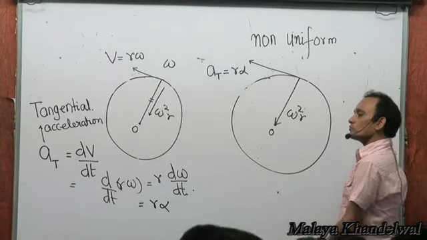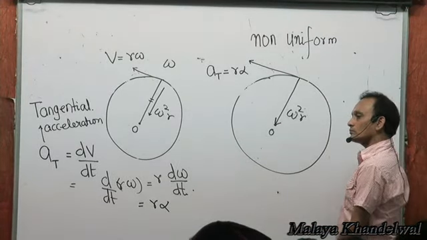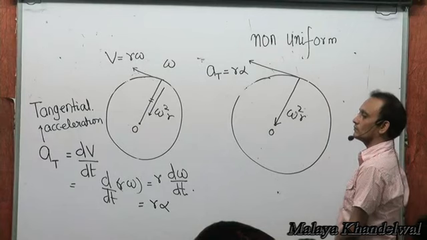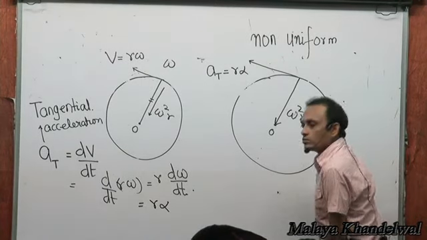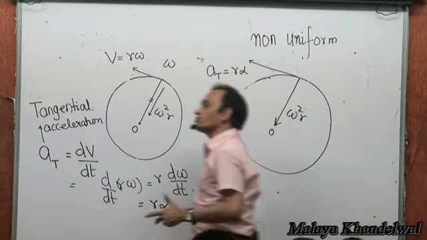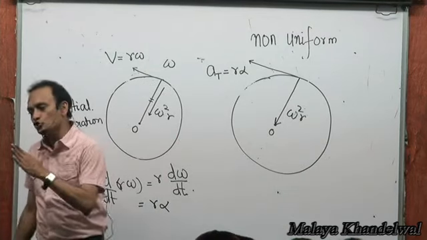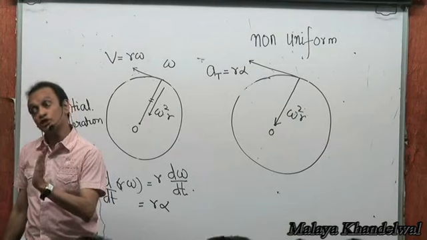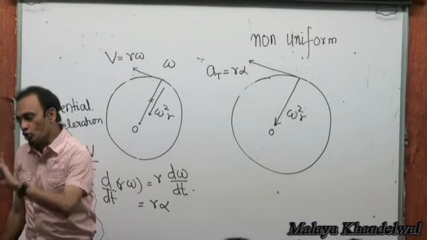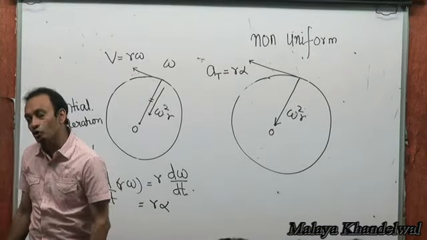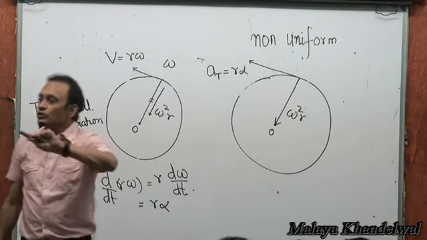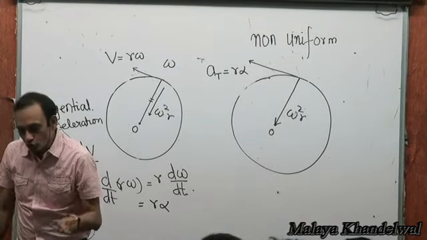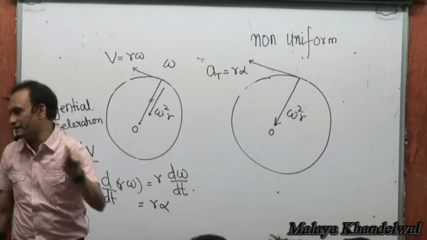For the centripetal acceleration, we had the assumption that the omega was constant. But now, no. So look at the job of the centripetal acceleration. Its job was to change the direction of the velocity. Its job was not to tinker with the magnitude of the velocity. That means the job of the centripetal acceleration was to keep the circular trajectory intact.